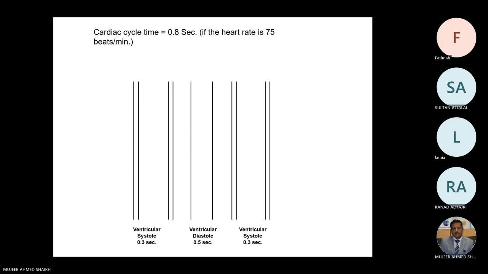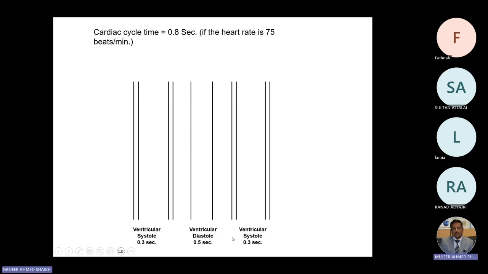Now, out of these 0.8 second, how much time is given for ventricular systole? It is about 0.3 second. Out of 0.8 second, the ventricle will remain in a contracted state for 0.3 second, whereas the remaining 0.5 second will be ventricular diastole.